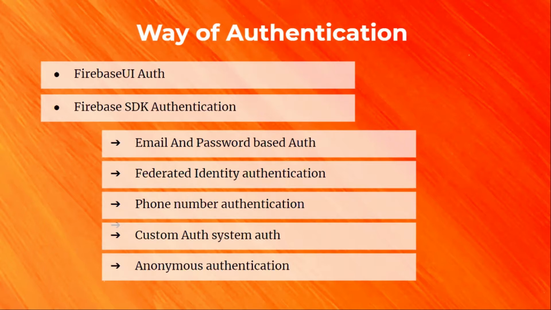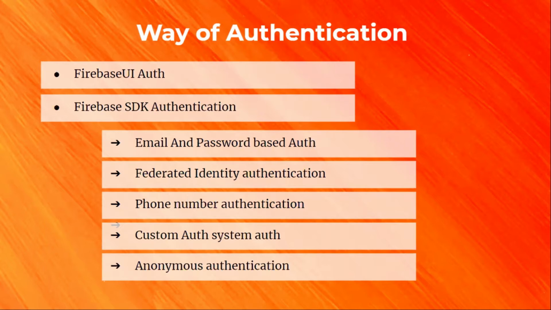We can send an SMS to the entered phone number, and with the verification of that code, we can sign in. And we can integrate with identity providers: we can sign in with Google, Facebook, Twitter, and GitHub accounts. So we can connect our application with existing systems as well.